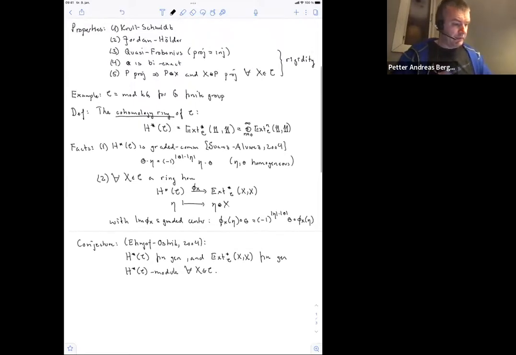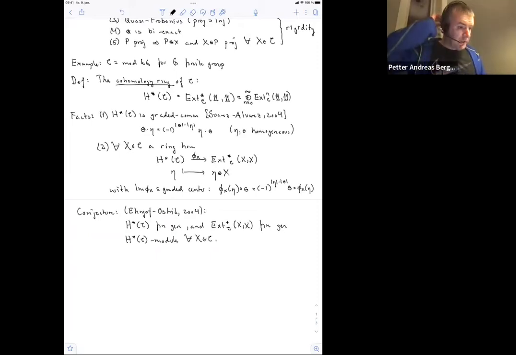And because of this graded commutativity of the module action, it doesn't matter if you view the Ext algebra here as a left or as a right module over the cohomology ring.